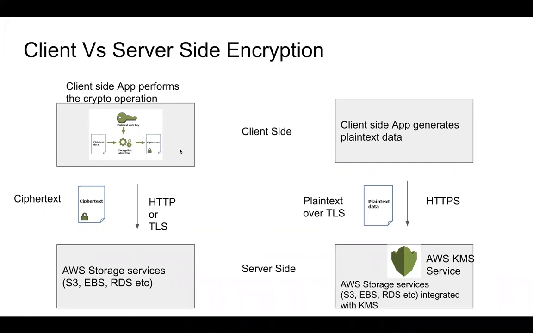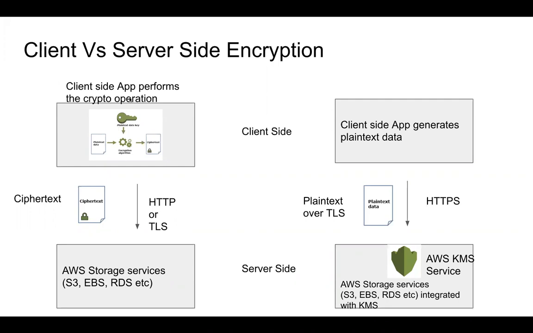It could be any combination of those things. That doesn't matter. All you're saying is, when you say client side, I am going to encrypt everything, and I'm going to send the cipher text as an encrypted message to the receiver.